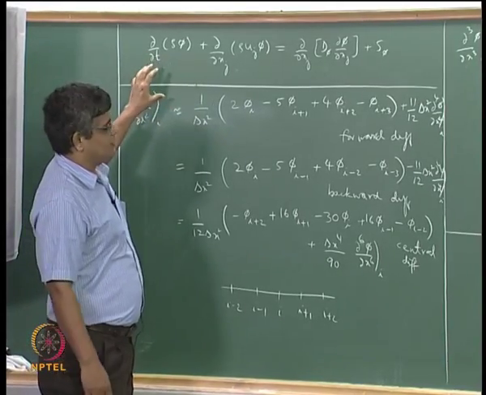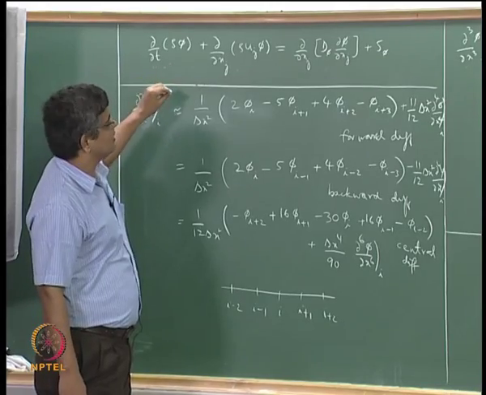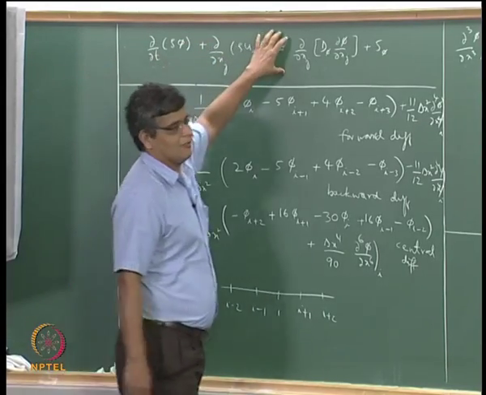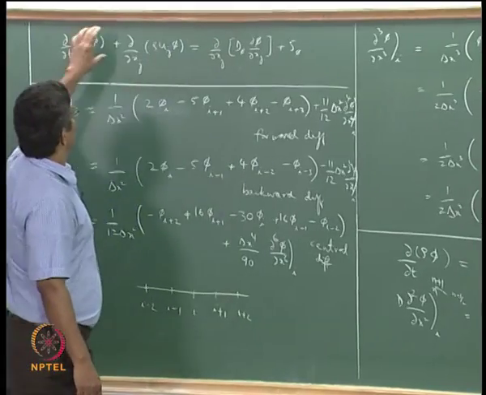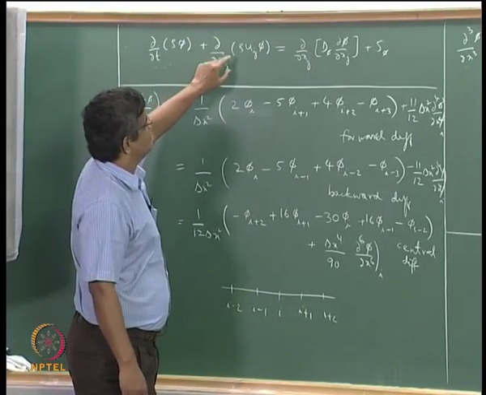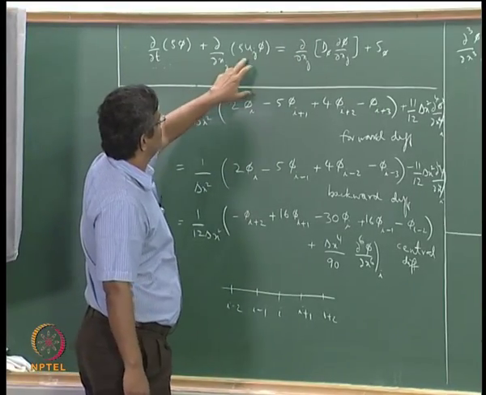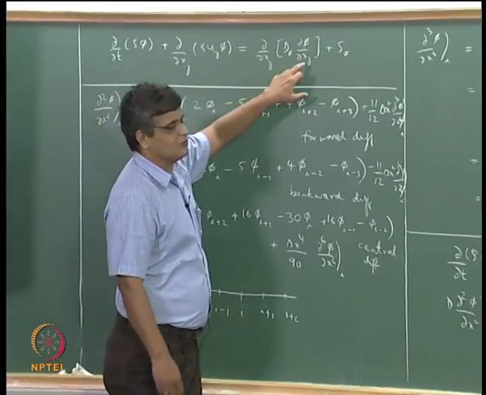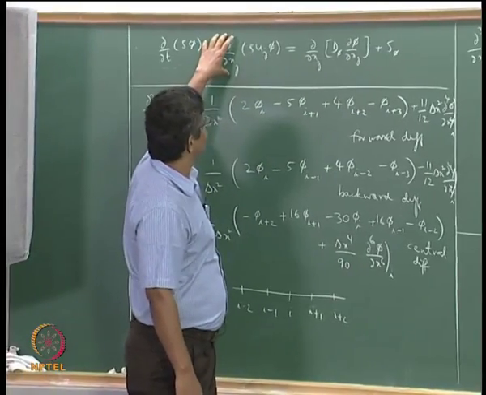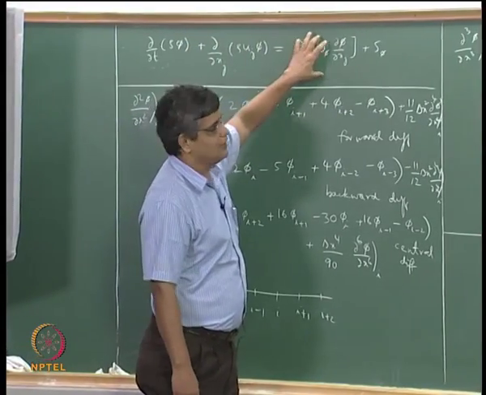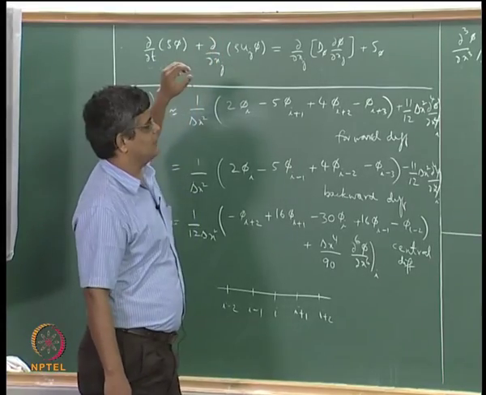Okay, so to summarize, when we have an equation like this, a partial differential equation, we expand it to include all the terms that are relevant. For example, in 2 dimensions there will be 2 terms here and 2 more terms here. In 3 dimensions there will be 3 terms here and 3 terms here. Each of them is a partial derivative.